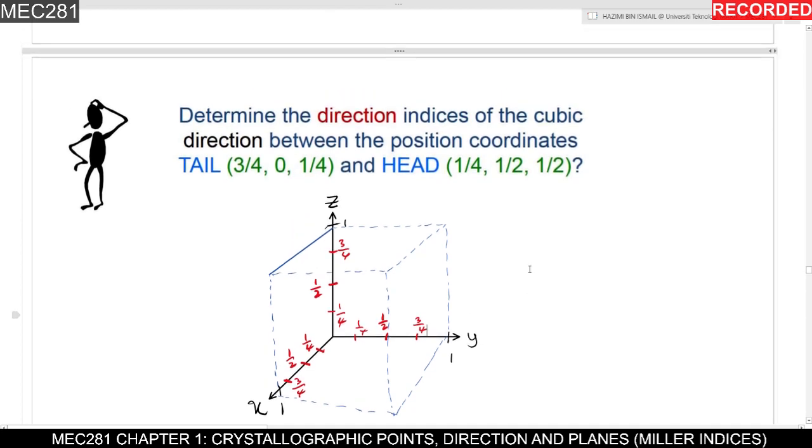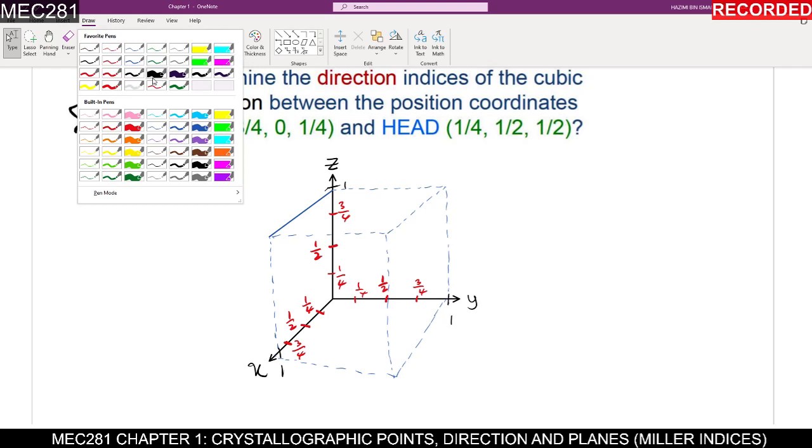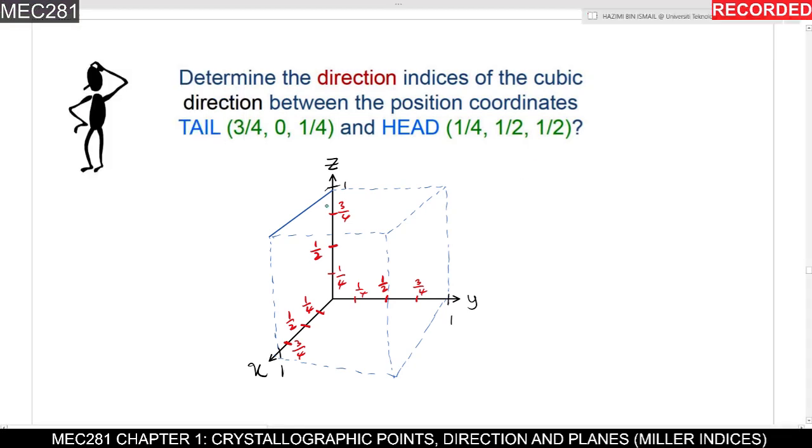Okay, so now let's put the point, use the green one. Okay, the head first at the x-axis is 1 quarter, so it on this one, and then on the y-axis is on half. Okay, so this one here, half on the y-axis, and finally on the z-axis is half also, so stay on the point here.